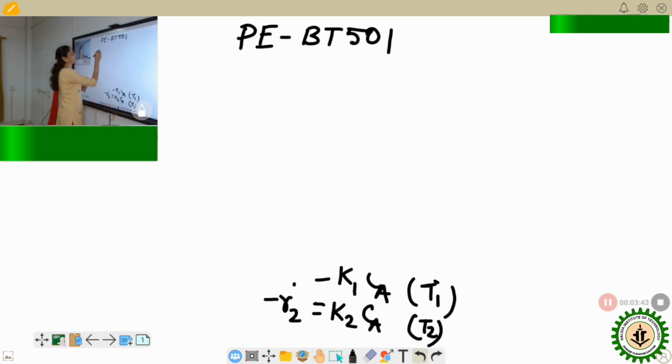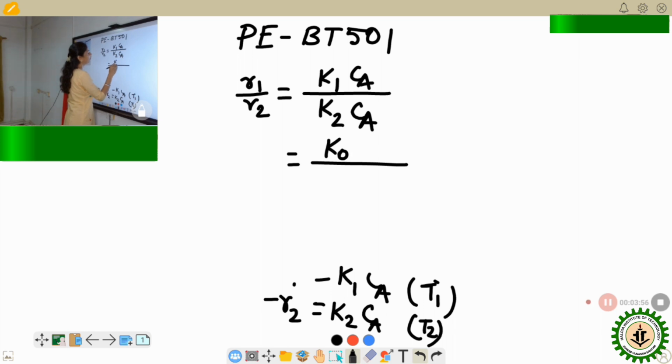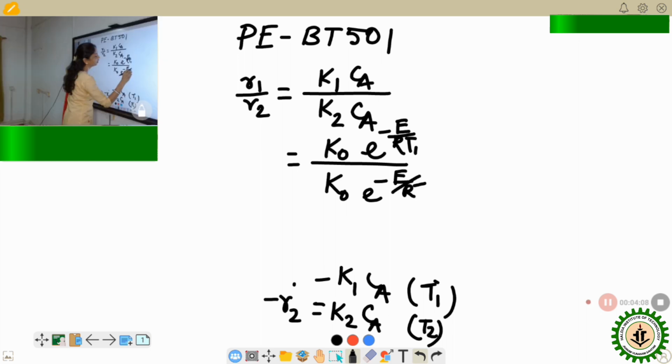Now I can write R1 by R2 equals K1 CA by K2 CA. K1, we know, is K0 e to the power minus E by R T1, and K2 is K0 e to the power minus E by R T2.